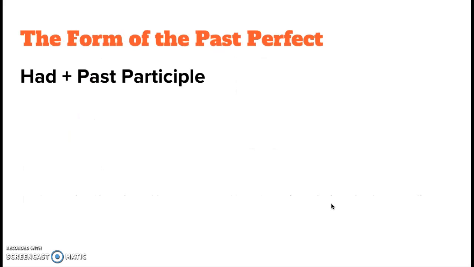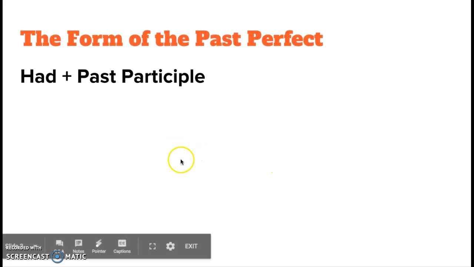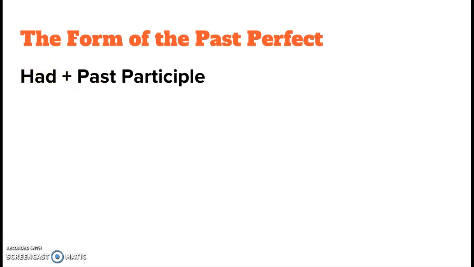So let's spend a little time to look at the form of the past perfect. What does it look like? So in the past perfect, you always have had plus your past participle. And so, I had forgotten. That will be your past perfect of the verb forget.